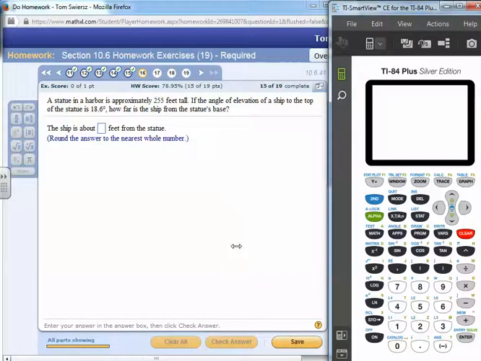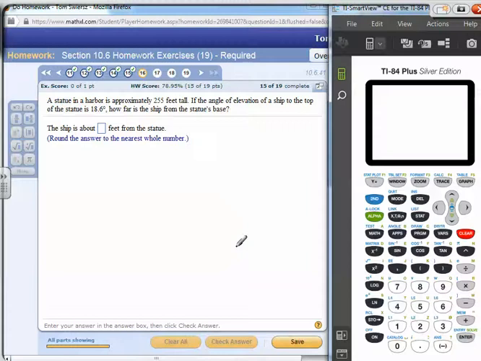A statue in a harbor is approximately 255 feet tall. Okay, so our statue here, well, maybe I shouldn't. I'm not an artist, as you can tell. Let's pretend this is the statue. It is approximately 255 feet tall.